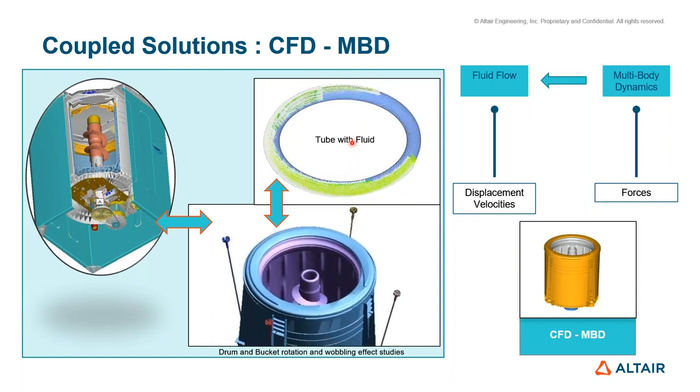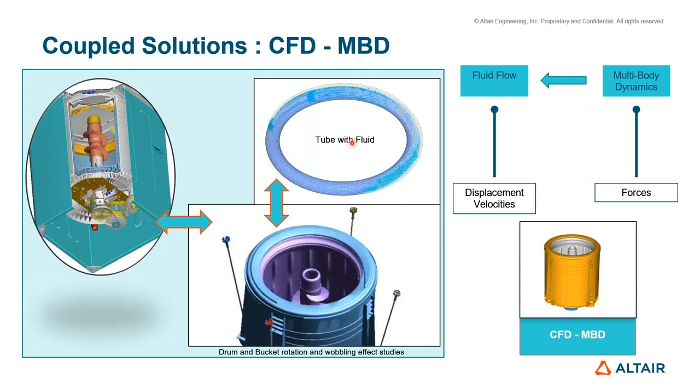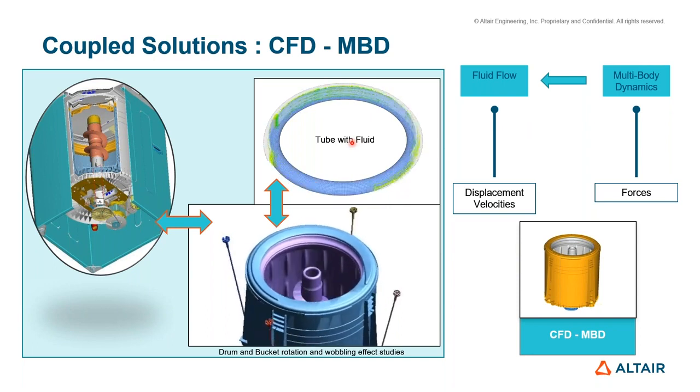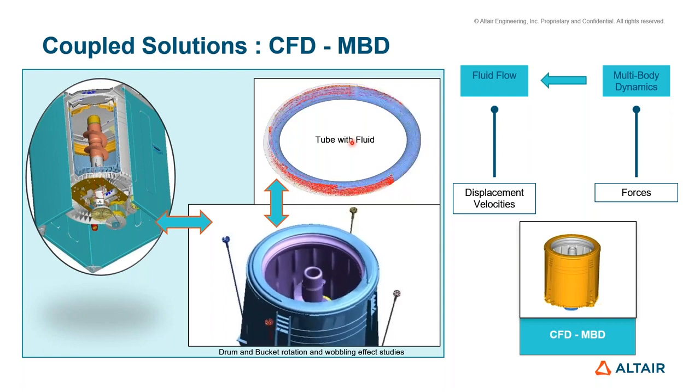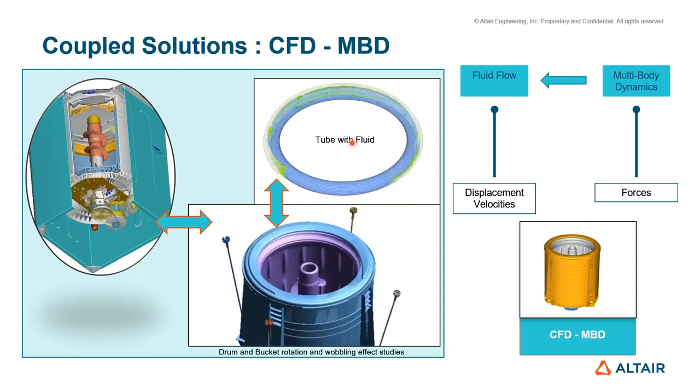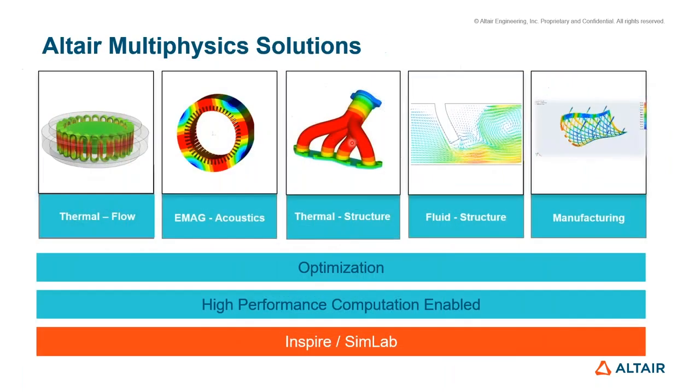So in your ecosystem of solving an electronic design, you want all these different physics taken care of in the order you want, with the end criteria of making sure you meet your design KPIs. Here is a summary of the multi-physics solutions enabled in an optimization platform under SimLab and Inspire.